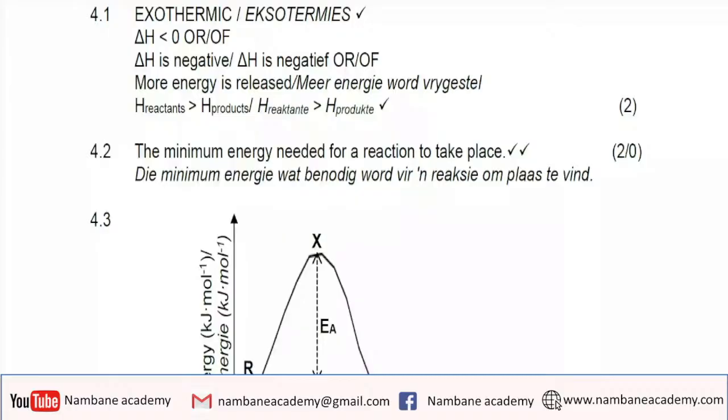Or they can say more energy is released, they can still get a mark. Or they can say the energy of the reactant is greater than the energy of the product. So any of those 4 supporting statements or phrases gets the second mark. So 4.1 will therefore be for 2 marks.